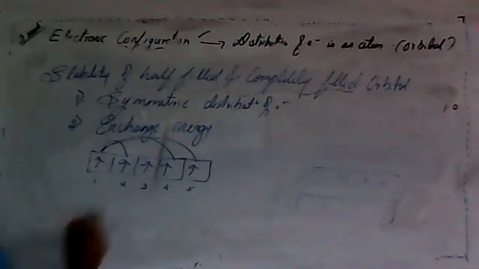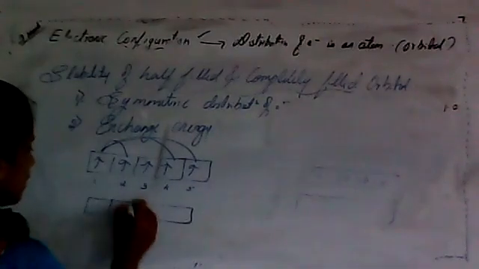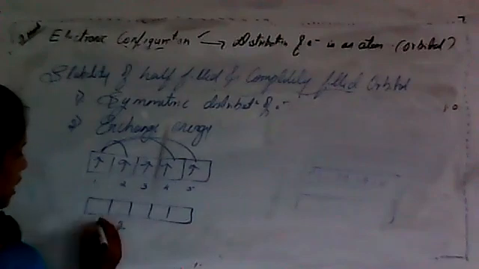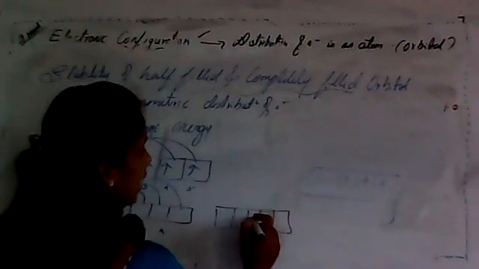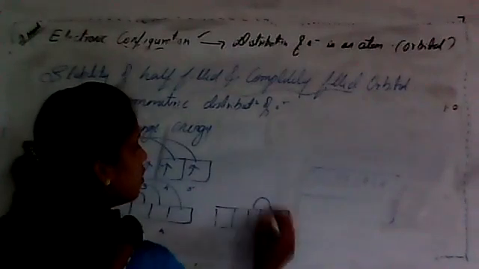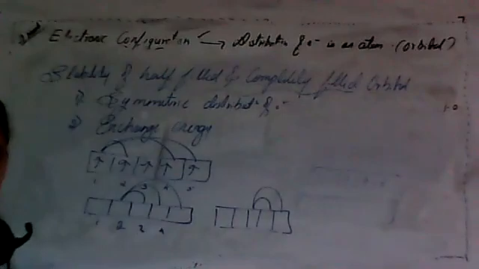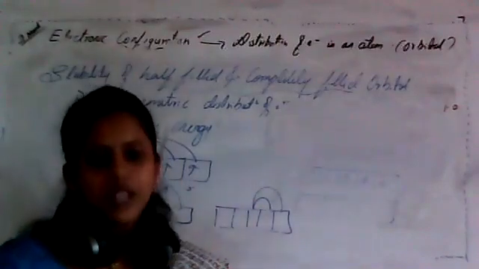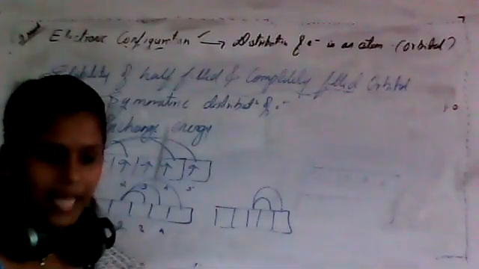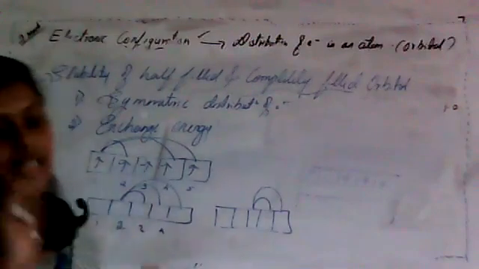Clear? That is the first exchange method. If I consider the second electron, it can jump from 2 to 4 or 2 to 5. Again, if I consider the third, the electron can move from third to fourth or fourth to fifth. That means there is an exchange of position. Clear? In that case, it again attains stability.